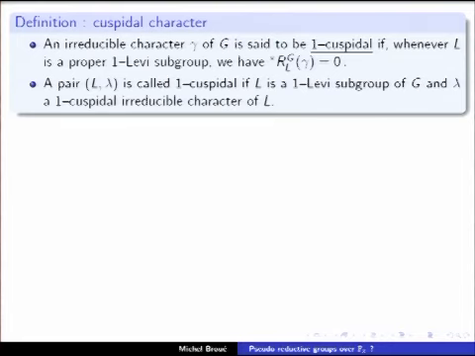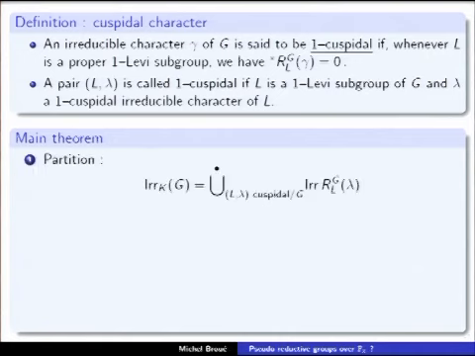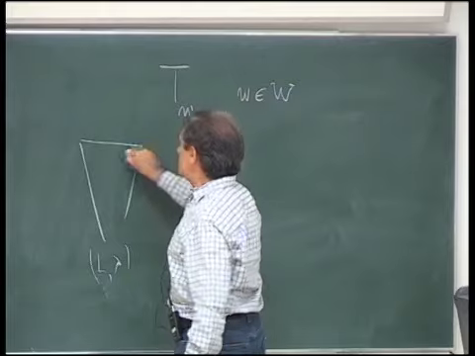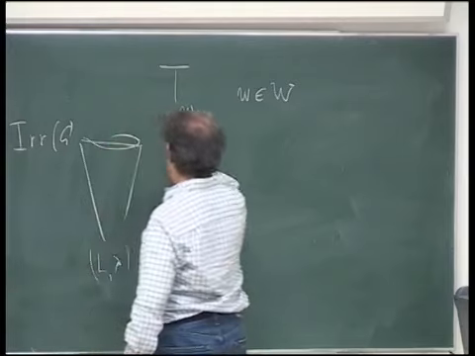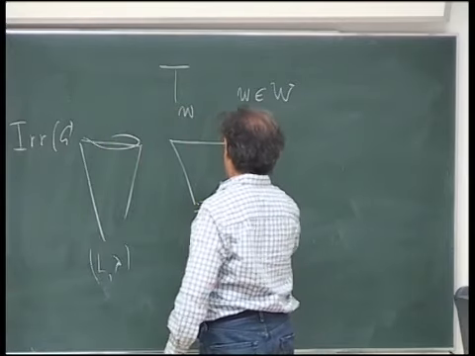Now, there is the main theorem due to Harish-Chandra, well known, well used in many areas of mathematics. First of all, the Harish-Chandra induction starting from the cuspidal pairs determines a partition of the set of irreducible characters upstairs. So they are like this. They are partitioned.